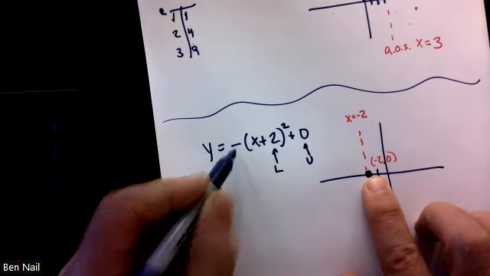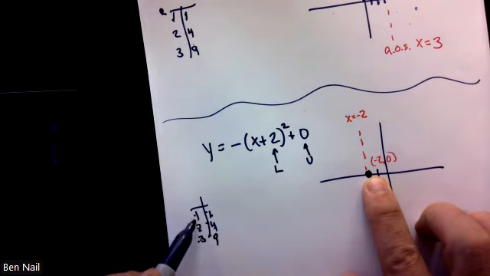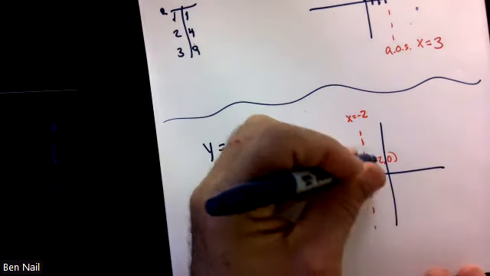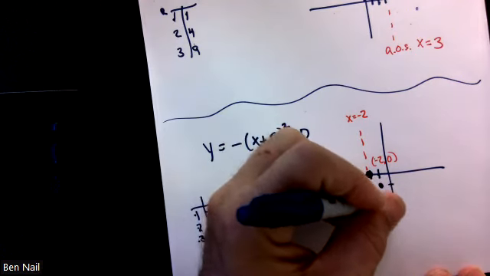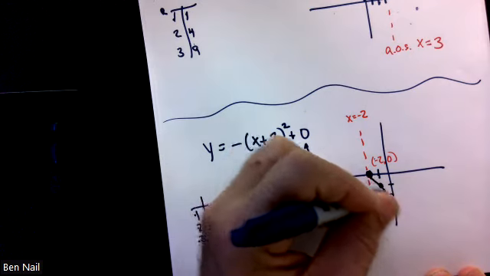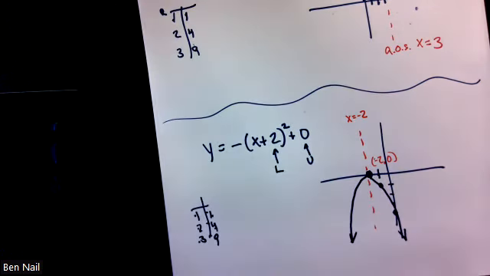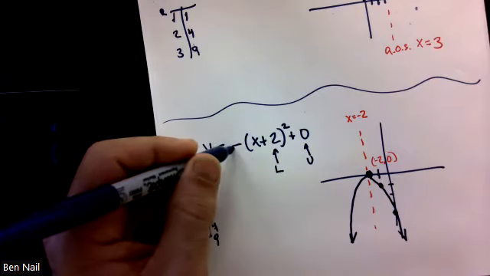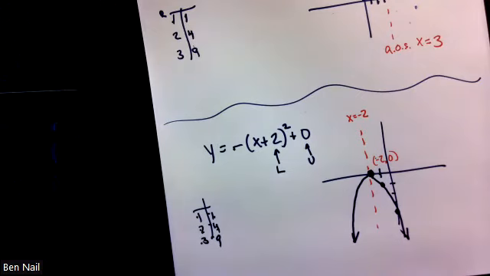If you have an a value, you multiply that to your y's. So I'm going to go right 1, and instead of going up 1, I'm actually going to go down 1. Right 2, down 4, and I get now this downward facing parabola. So again, a negative a value causes your parabola to flip over.